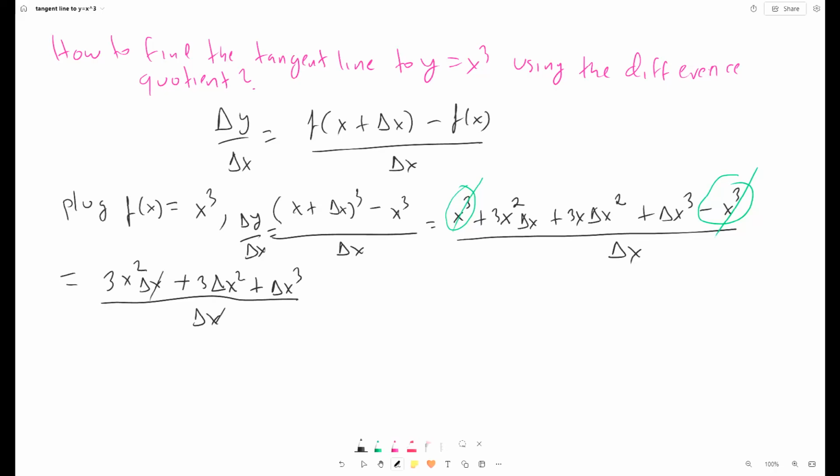Now we can cancel one delta x, and that will give us 3x squared plus 3 delta x plus delta x squared.